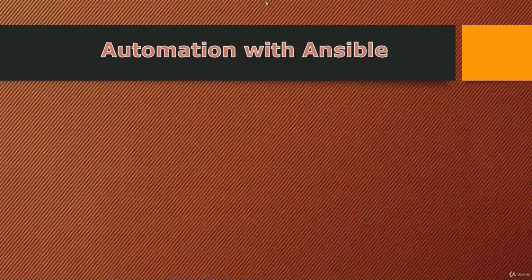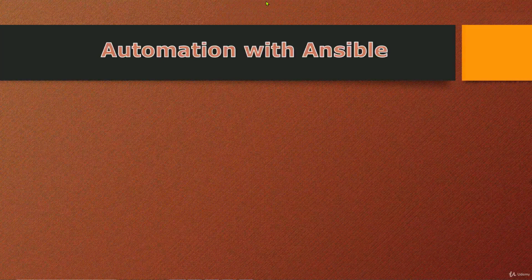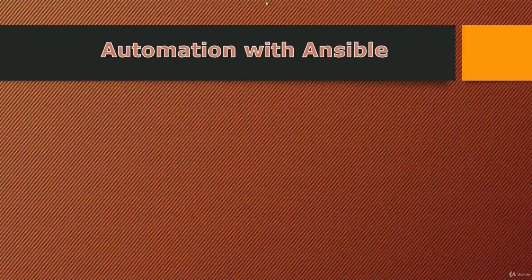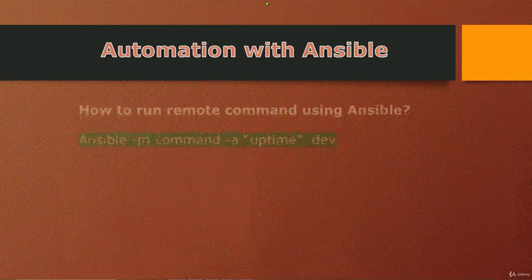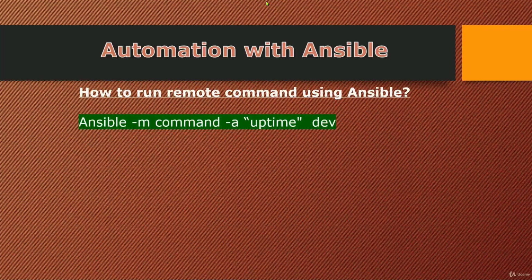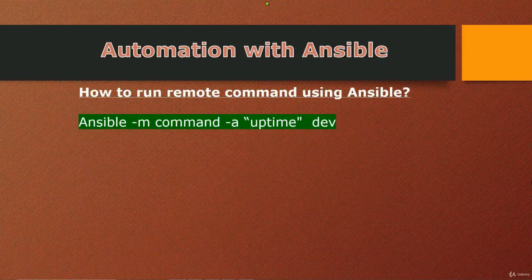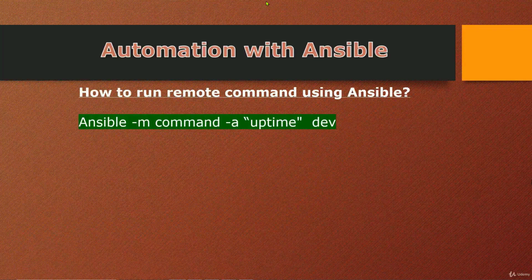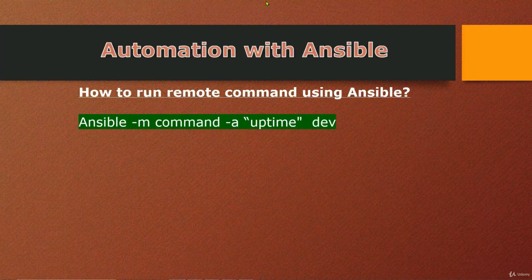So let's continue. In this lecture, we'll understand the syntax of a simple Ansible command, or you can say ad hoc command. This is the command you can see in the PPT: ansible -m command -a uptime dev. Let me first tell you what this command is doing. This command is running on the target servers.